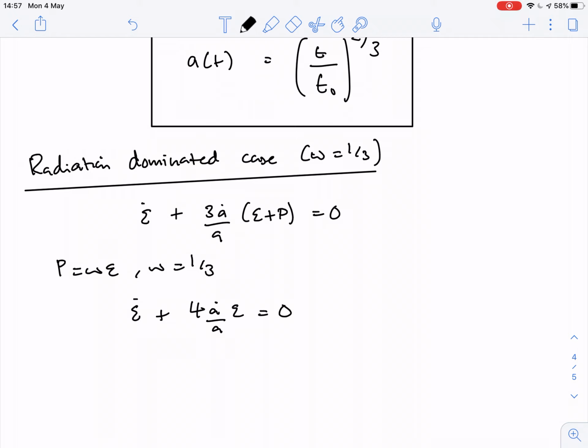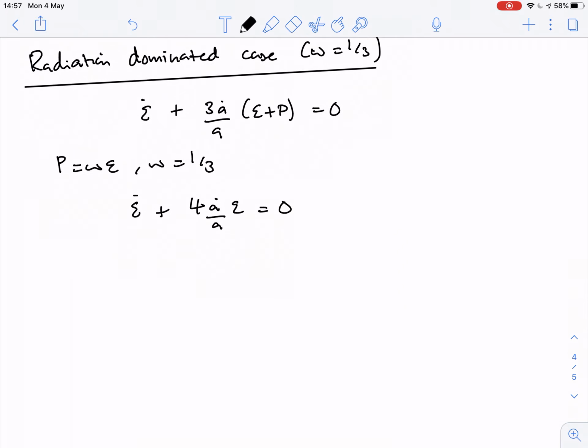And you can do the same thing as before. If you want, you can pull out a factor of 1 over a to the 4 and multiply through. But I said I would do this slightly differently. So now let's just integrate this. Remember, ε dot is just dε by dt, ȧ is da by dt.